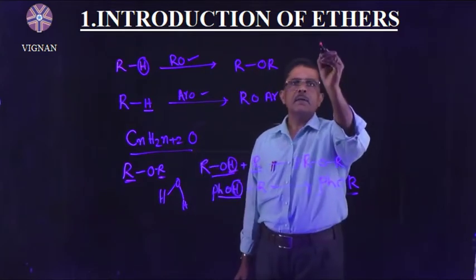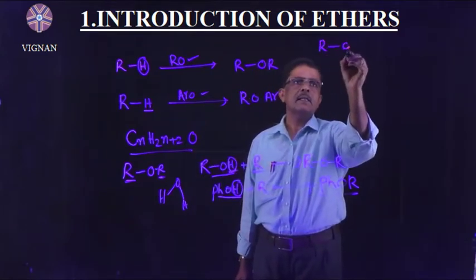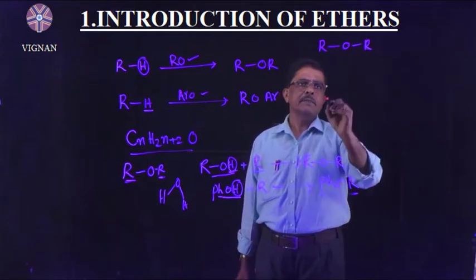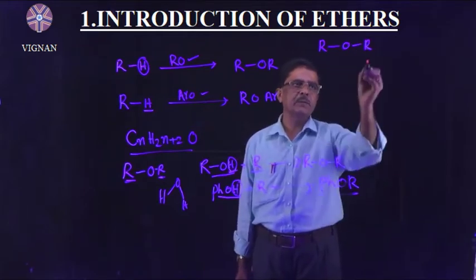We write the ether general formula as ROR, where R indicates alkyl groups.